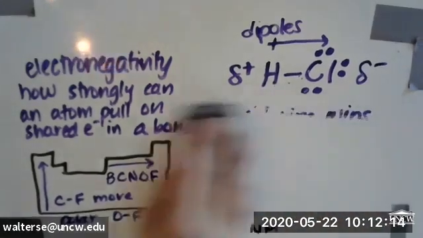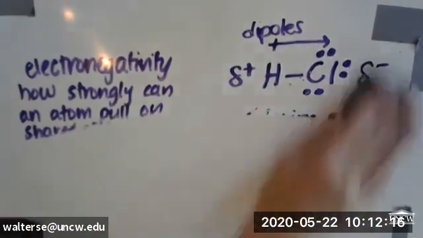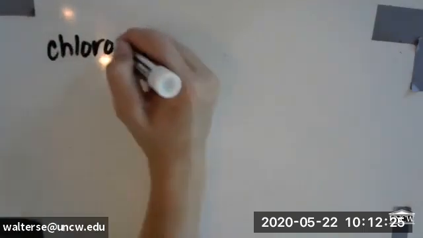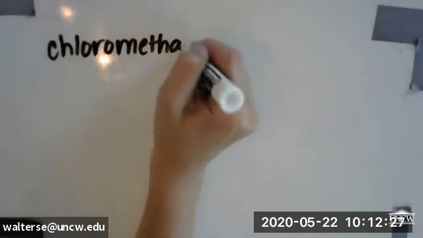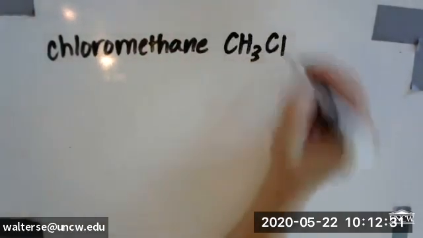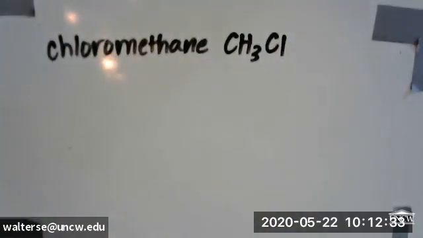Okay. So if we look at a little bit bigger molecule, we're going to look at chloromethane, which has a formula CH3Cl. Okay.